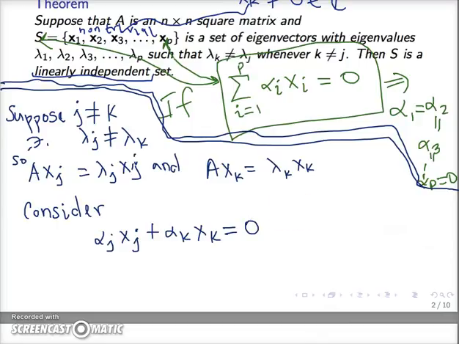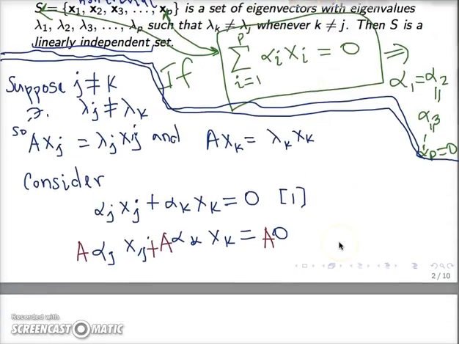This equals the 0 vector in Cn. I'm going to call this equation 1. So here is that relation of linear dependence, alpha j xj plus alpha k xk, and this is equal to 0.